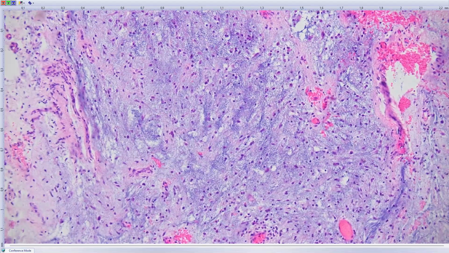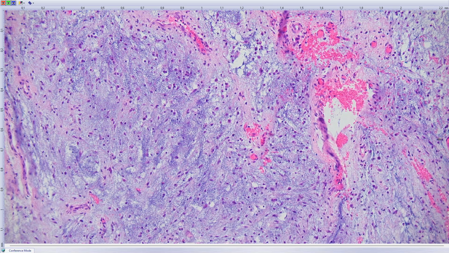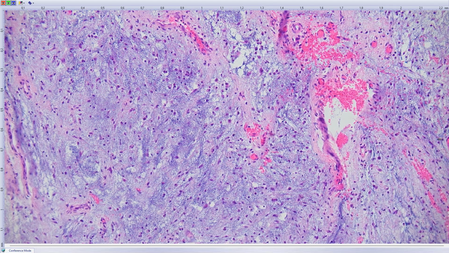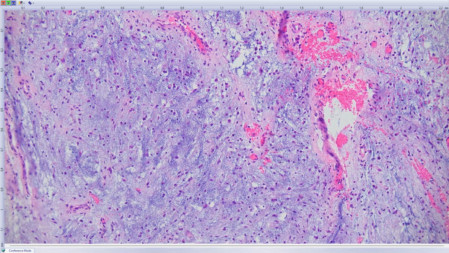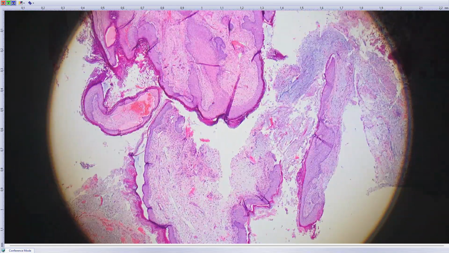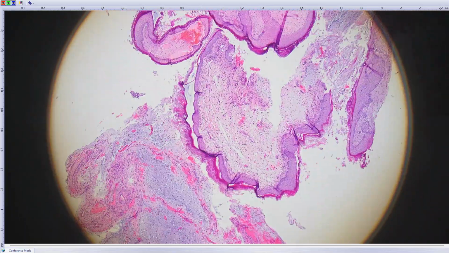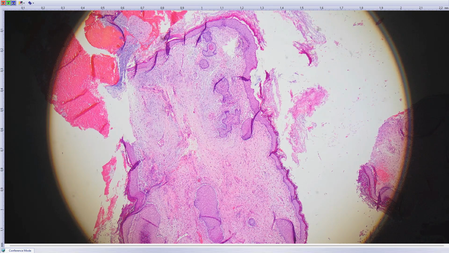So it's a hypercellular lesion composed of this myxoid stroma with blunt spindle or stellate cells, and it's a cutaneous myxoma or angiomyxoma, and this lesion is causing this so-called induction of cutaneous adnexa.